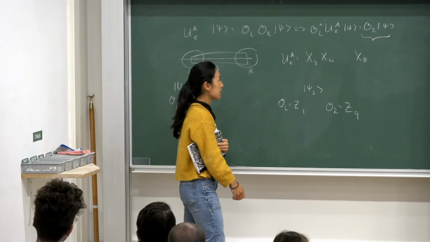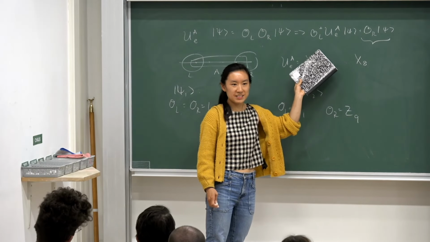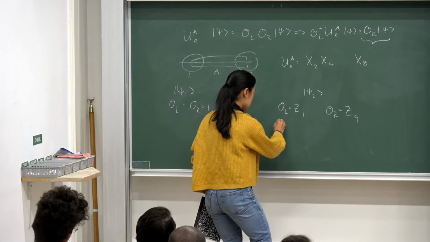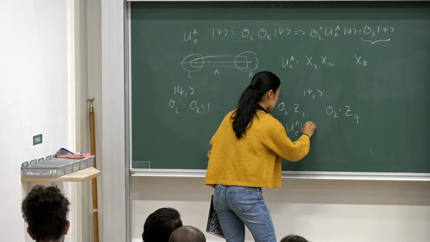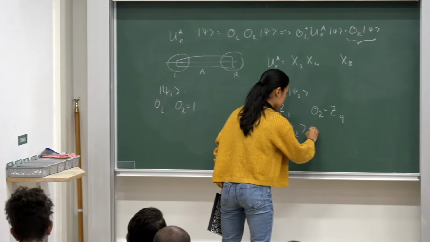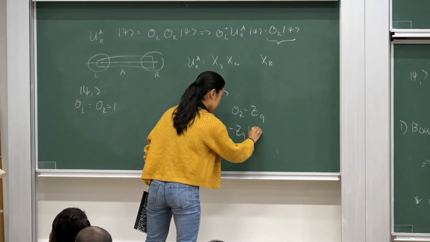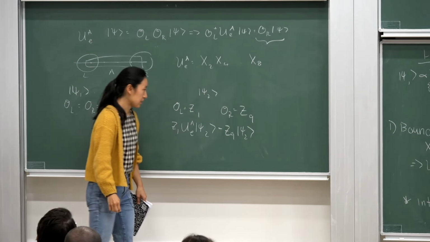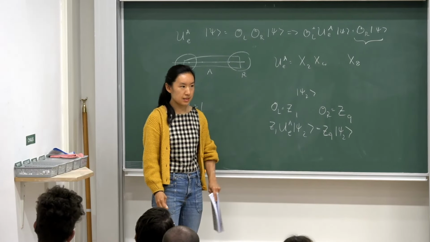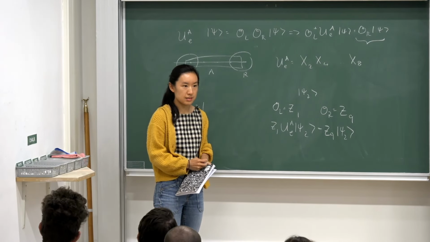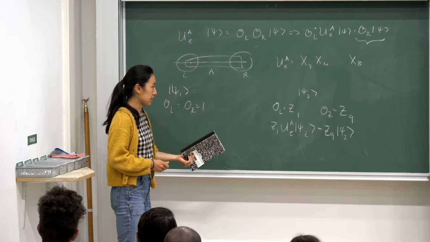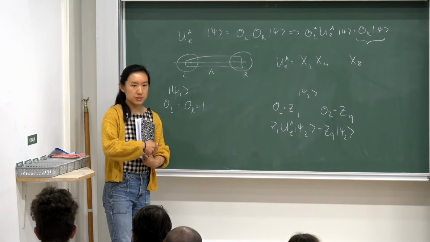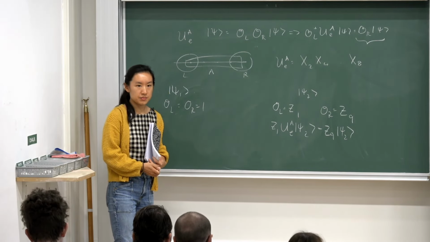So now you can see that the insertion of the symmetry defect here, U even A acting on psi 2, is equal to Z on psi 2, which flips the Z2 sector of psi 2. So this is a perspective that you can take just working in the ground state space.